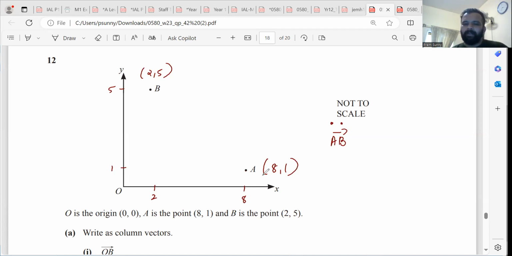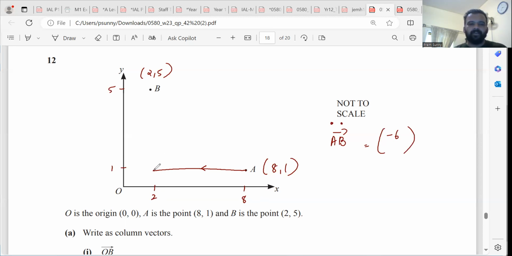Now AB means starting from A, ending at B. First, we need to check the horizontal movement. We need to move towards left, from 8 to 2, which is 6 units towards left. Towards left, we know it is negative. So it is negative 6.